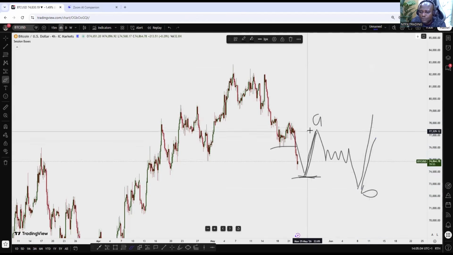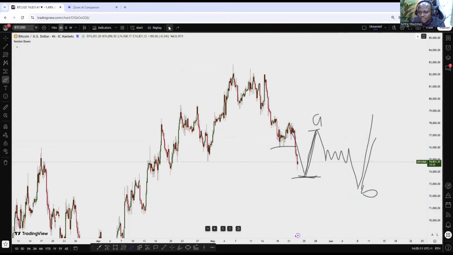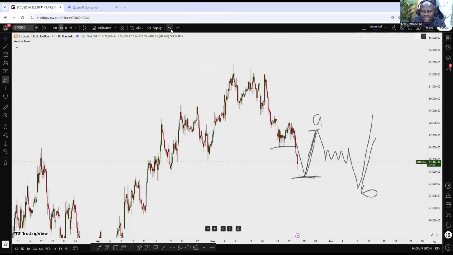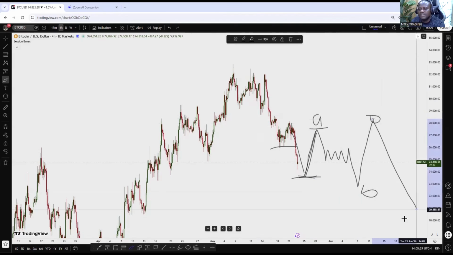If you break this level of A, it becomes an expanding flat to the downside. If it refuses to break that level, but rather stops down here, it becomes a running flat to the downside. But of course, the best that we know how to trade, or that we love to trade, is a regular flat and an expanding flat. We love to see this come this way, break this structure from here, and then we make a move to the downside.